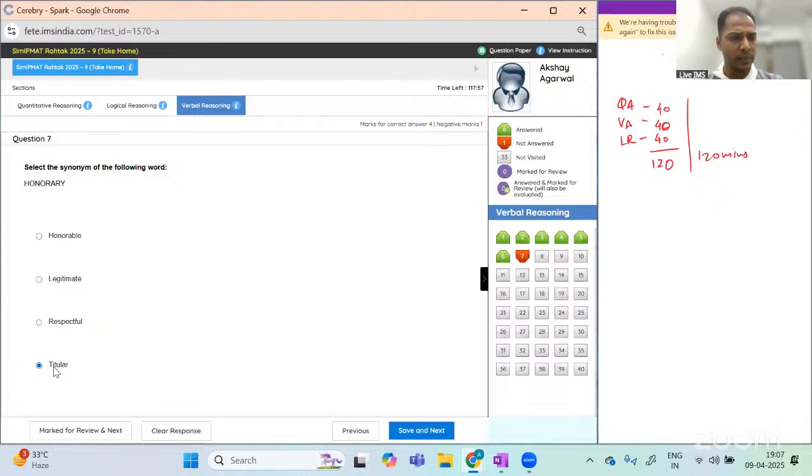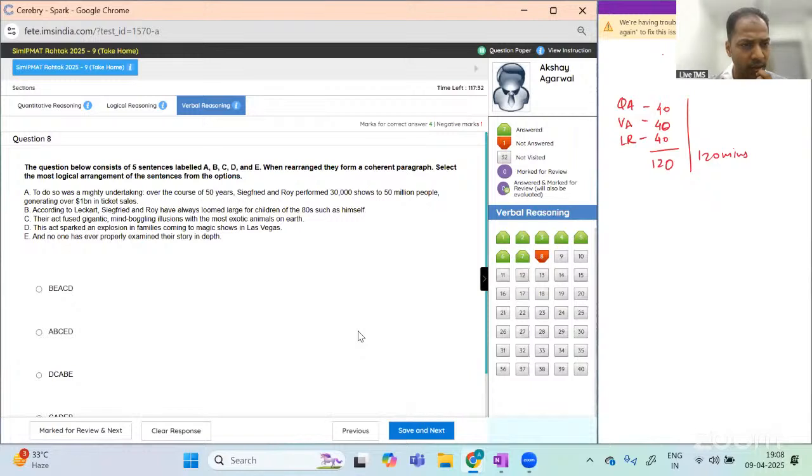I've seen this word in a few places here and there, but is it actually a title? Honorary, maybe somewhat, or respectful. Right. I think I'll just take a guess between these two and I'll go ahead.